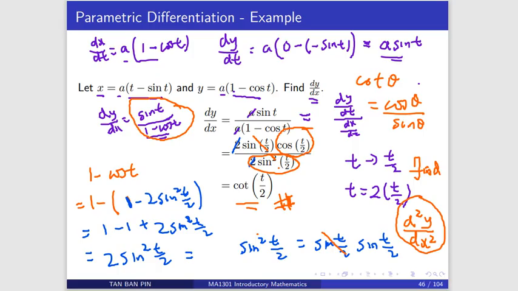You need to differentiate this fraction, so you need the quotient rule. But if you simplify dy/dx to cotangent t/2, then it's just a simple term and easy to differentiate further. That's another reason why we simplify. If the question asks for d²y/dx², finding it will be much easier.